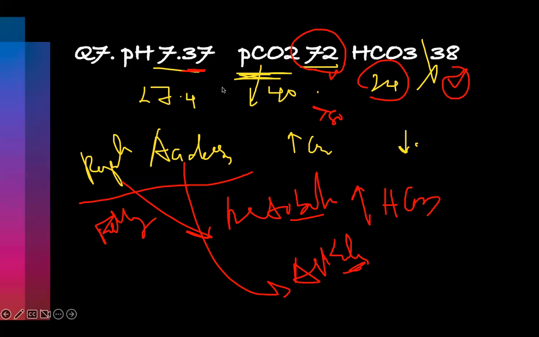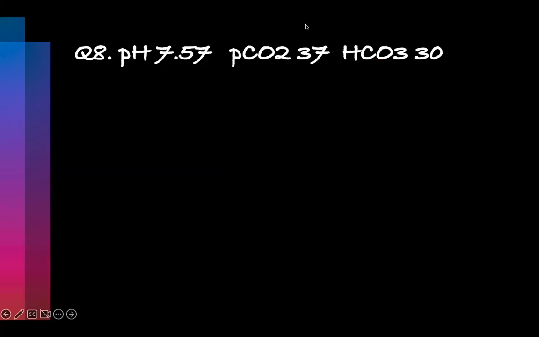And that brought the pH to 7.37. It's a respiratory acidosis that is fully compensated. There's a clinical implication for that. They give you this, and then they will ask you, what would you do? That means you have to read this first, and then you decide what you need to do. You give the patient bicarb.